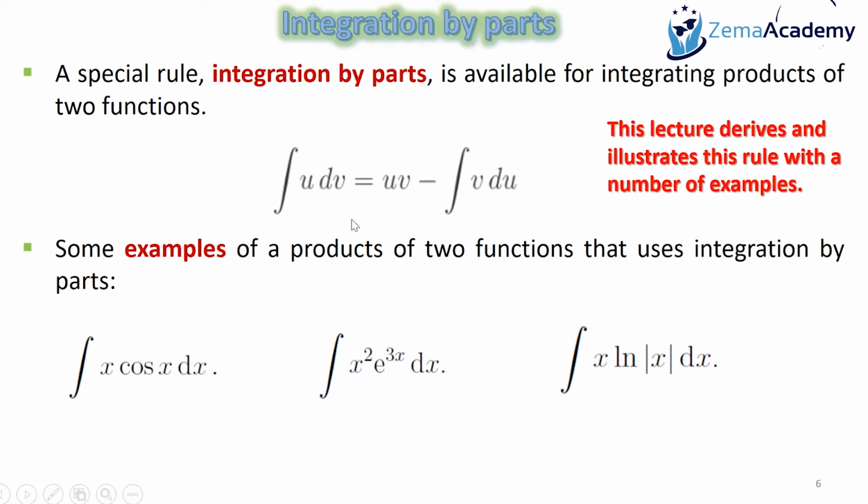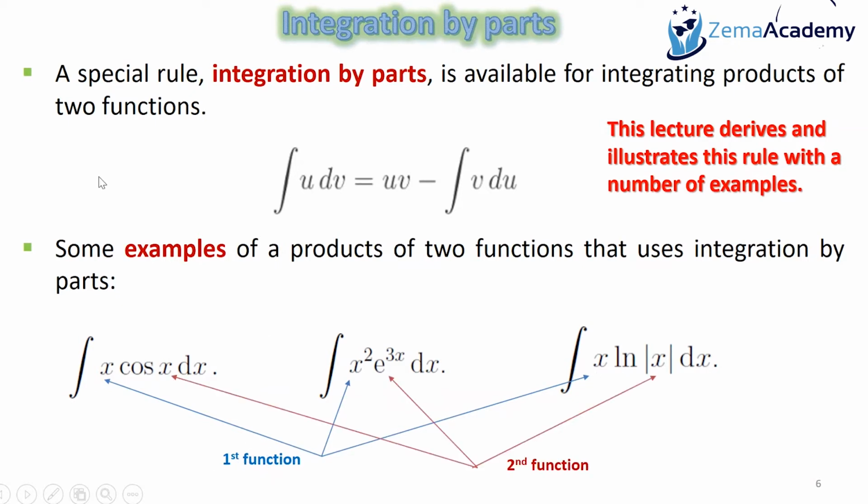For example, in this formula, the first one, x squared and x, that's the first function. And then cos x, e to the power 3x, and log x, it's the second function.